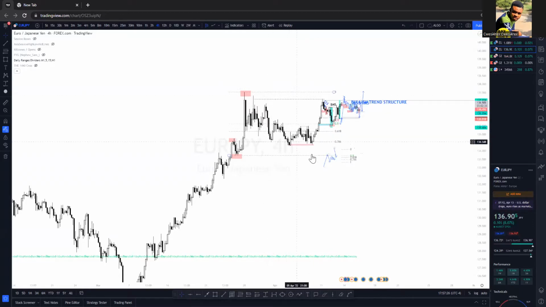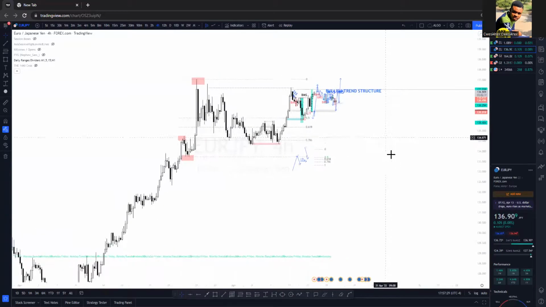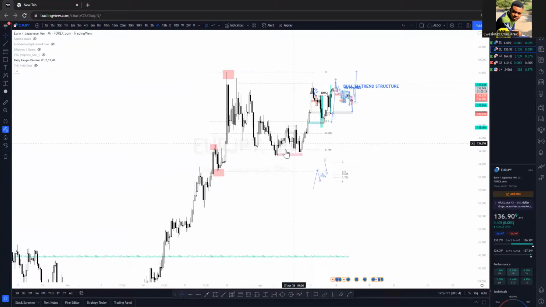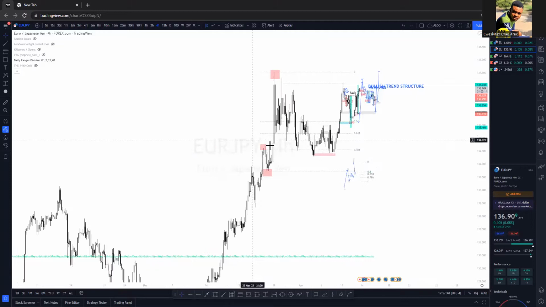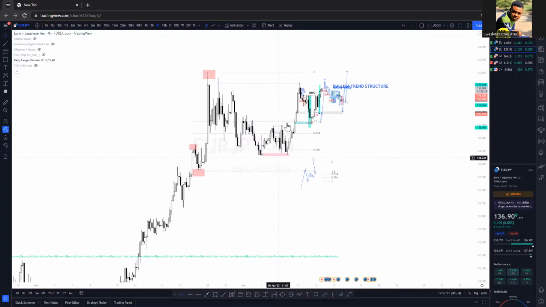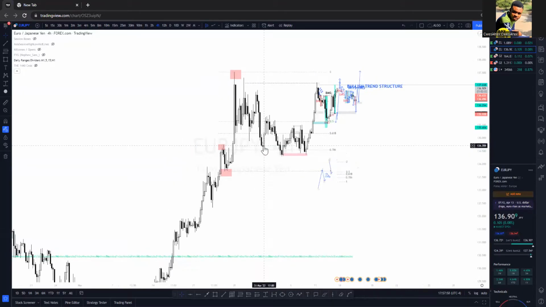To make a reduction or depreciate itself towards a discounted price, which is between the 61 and the 78. Price needs to come back there before continuing the trend. Keep that in mind. Before price continues its higher high, price needs to take some rest, right? Before continuing the journey again.